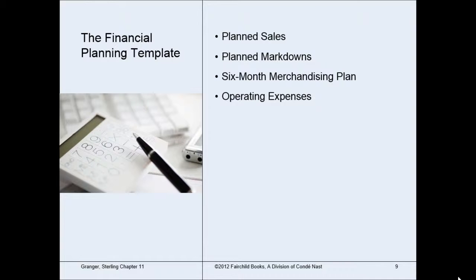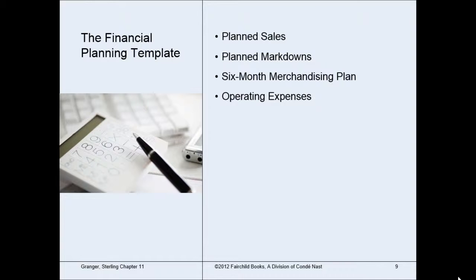But for this class, we're going to use one of the following techniques, which is the first, in which you take your rent for the year and divide it by 0.06 to determine the planned annual sales. This is because rent should be no more than 6% of your annual sales. So this gives you the amount of sales you'll need in a year to cover at least your major cost.